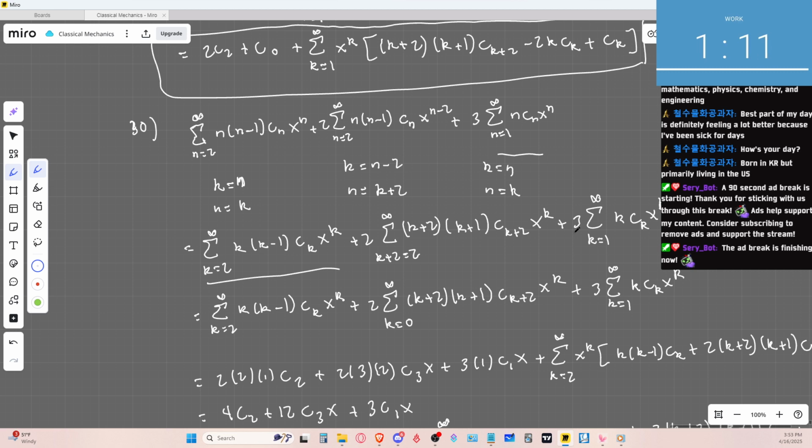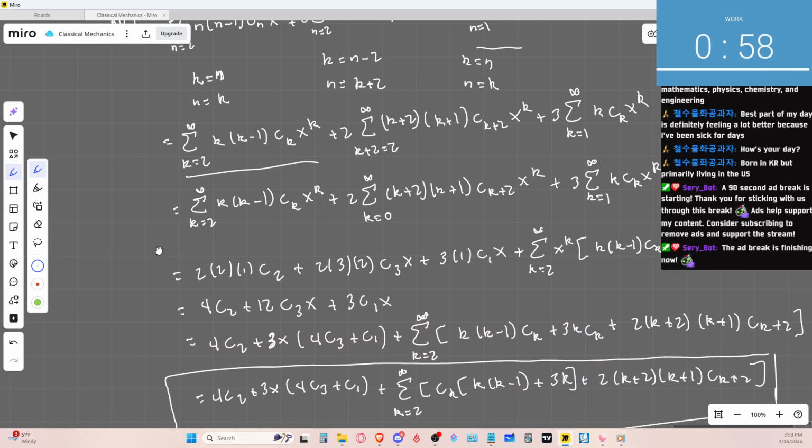So for this one, if k is equal to n, then basically you can just turn these into zeros, making it easier to manage. I didn't realize that that is a thing you can do.